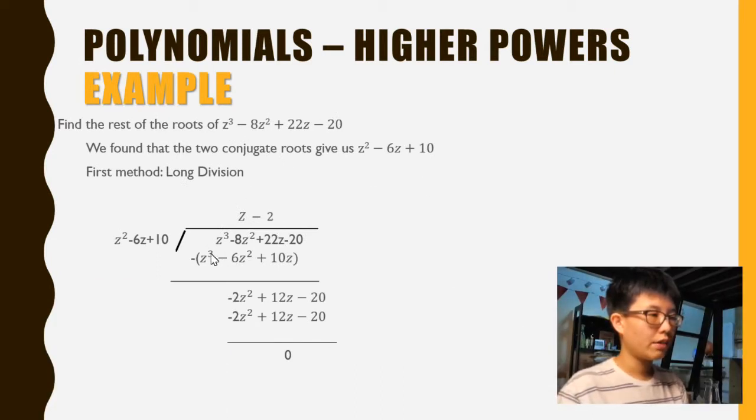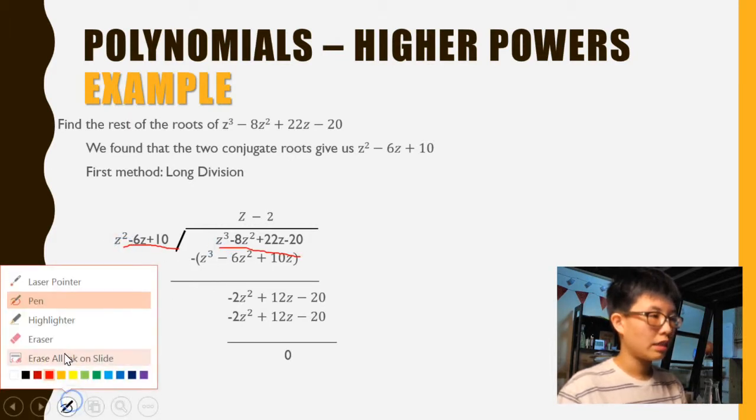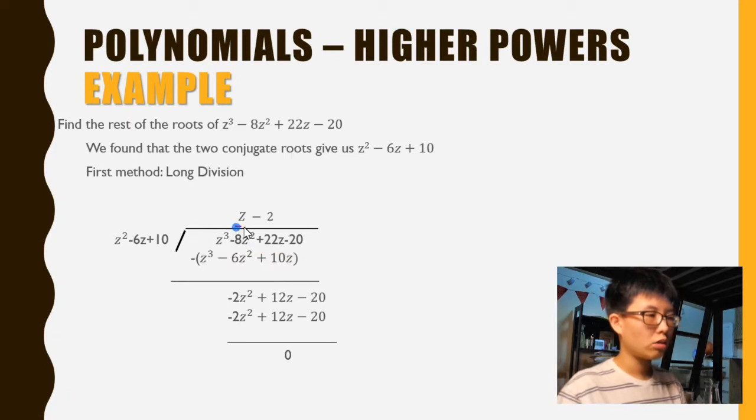So the first thing we've got to do is write this out here. Then we can put z up here, because I'm taking z and multiplying it by this whole thing.